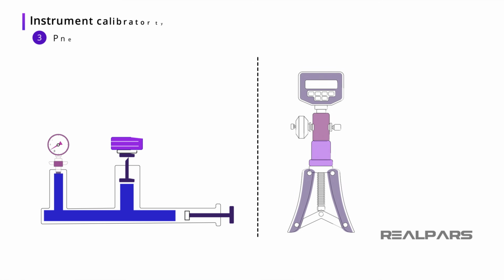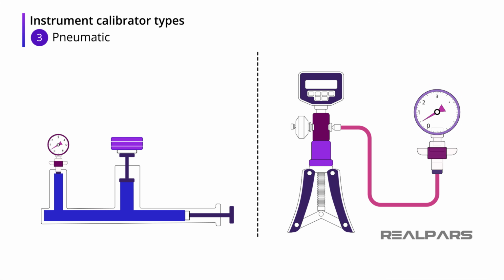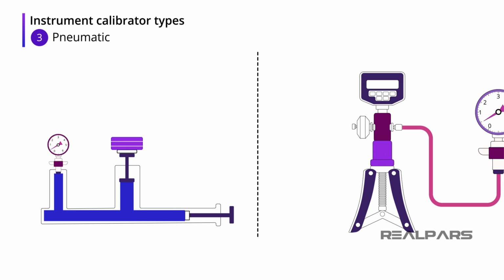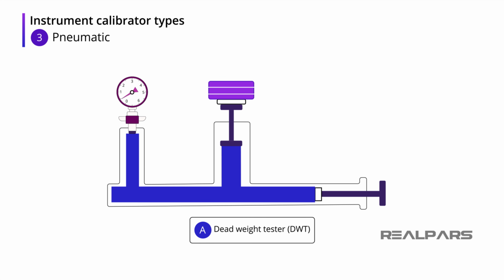Pneumatic calibrators provide regulated pressure as needed to calibrate, test, or troubleshoot pressure instruments. One of the oldest and most accurate pneumatic calibrators is the deadweight tester, or DWT. A DWT will likely be found mounted permanently in the instrument shop. The DWT has several dead weights, which are precisely calibrated in pressure units.